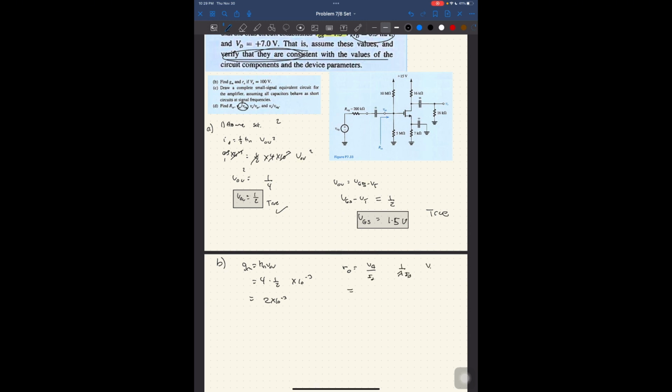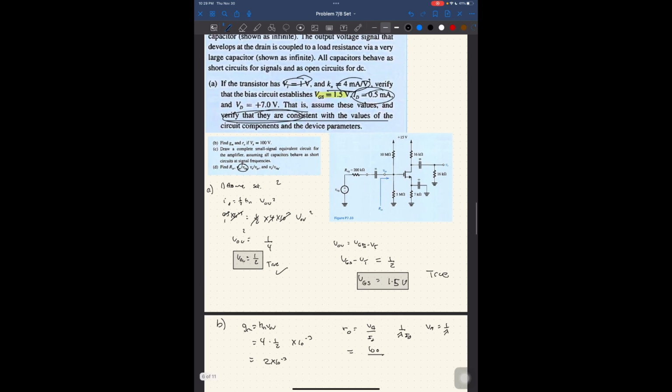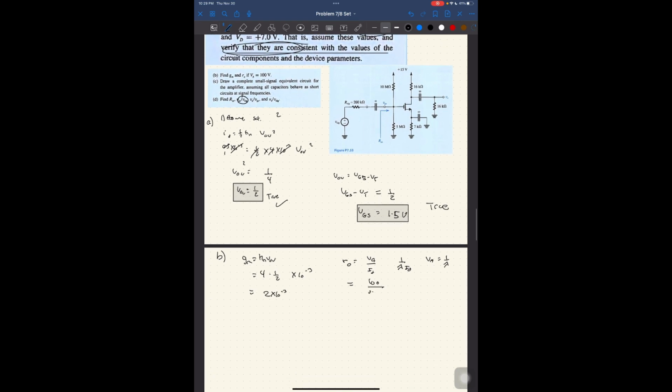It does not matter because VA is equal to 1 over lambda. This is nothing but formulas that you have to memorize. VA over ID is 100 over ID, what is ID? 0.5 milliamps, implying that it's going to be 200 kilo ohms.